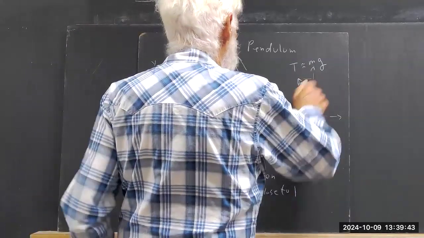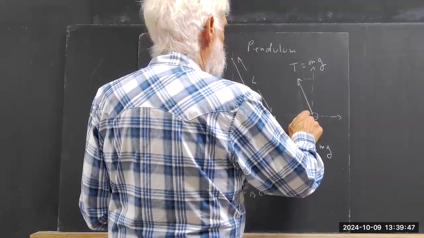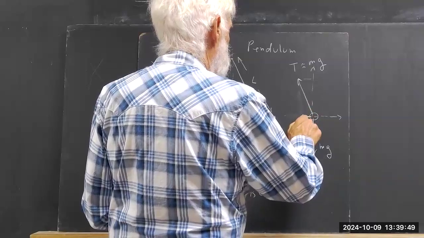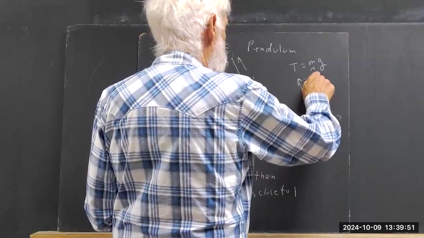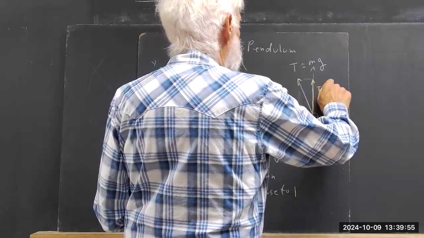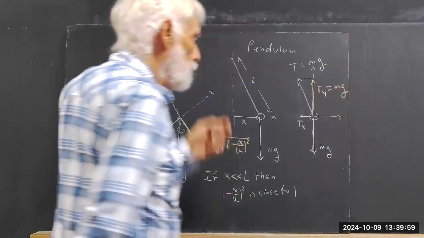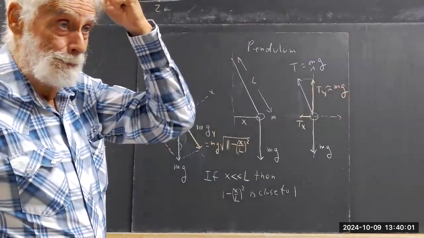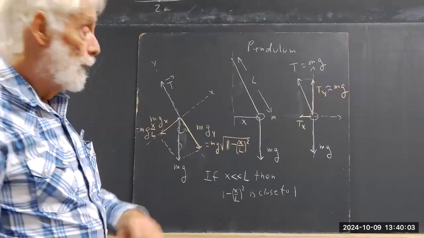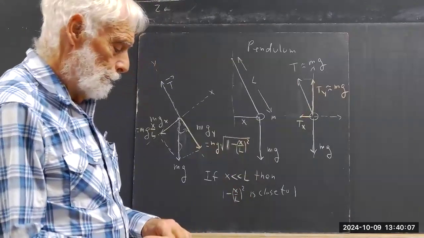And you break the tension into its two components, Tx and Ty. Ty is approximately equal to mg. Because this is a small angle, because of what I talked about here.